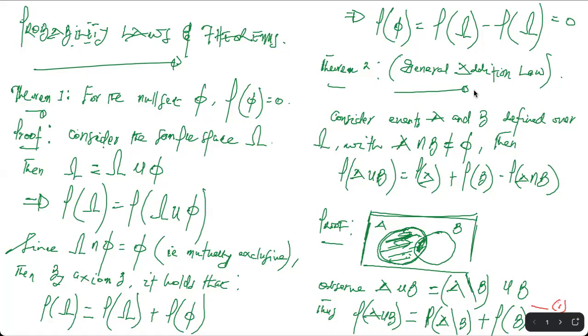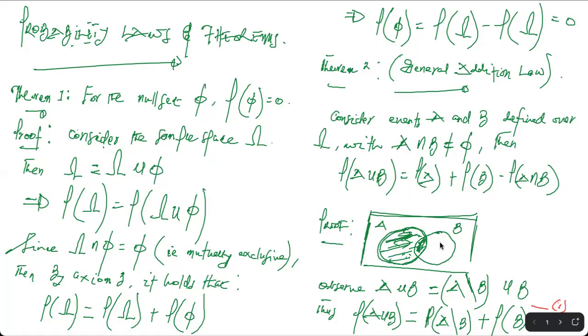Theorem 2 is the general additive law, which is an extension or a generalization of axiom 3. So we're considering the case where the two events A and B may overlap, the case where the two events have some commonalities.